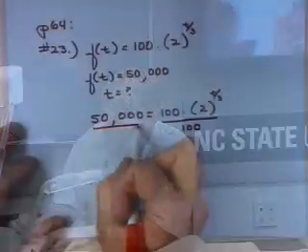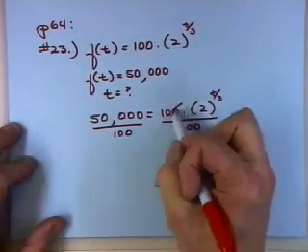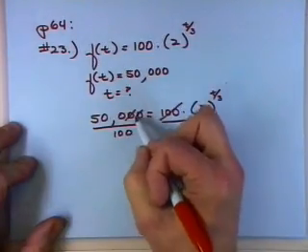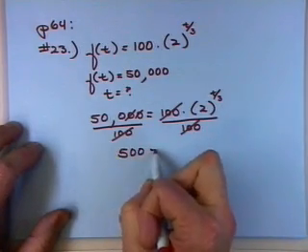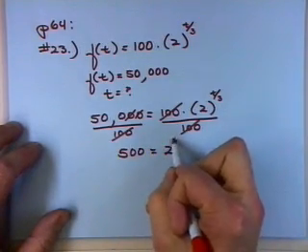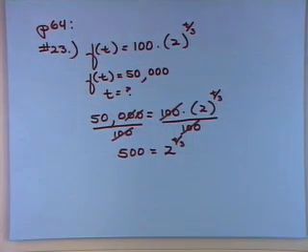So better than a graph that we might estimate on a picture or a calculator, what's the process? Okay, let's isolate the term that has the variable. I like that. Divide by 100. So we now have 500 equals 2 to the T over 3. Now what?